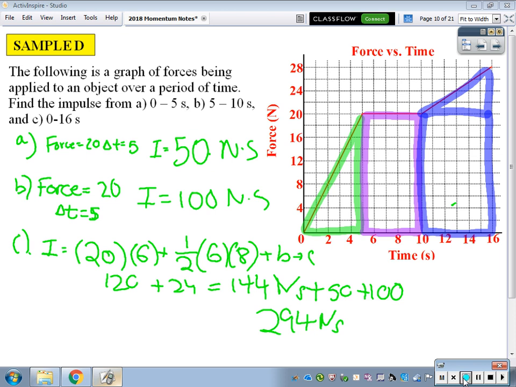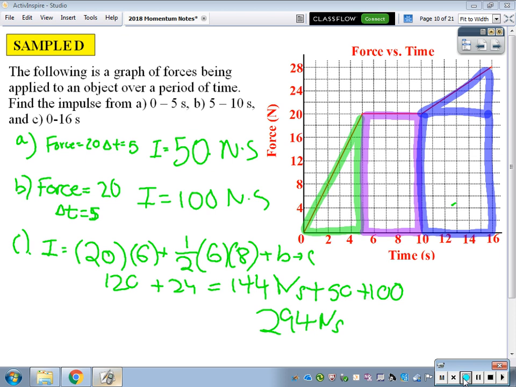Part B, we just have the rectangle that is right next to that. Length times width. Should be pretty easy. 100 Newton seconds. Then we need to do the last bit. Now you can do it 2 ways, which is highlighted on the board. You can break it up into the right triangle up top plus the rectangle down below.